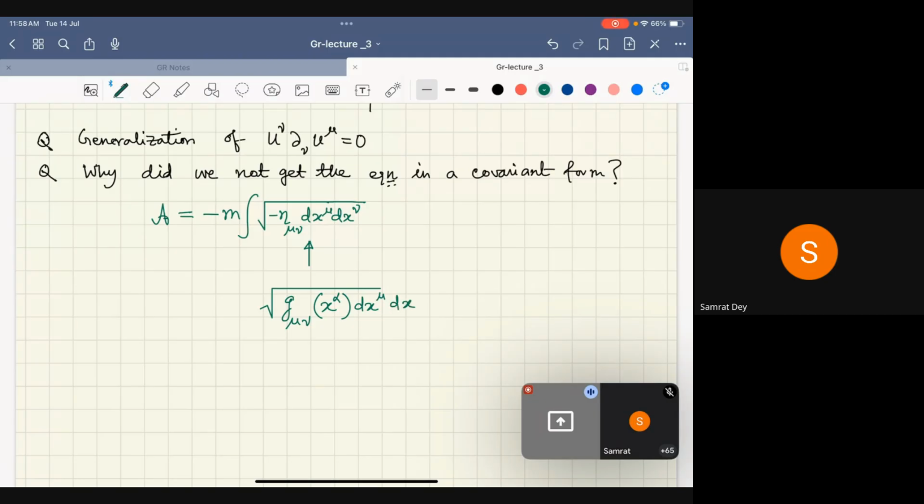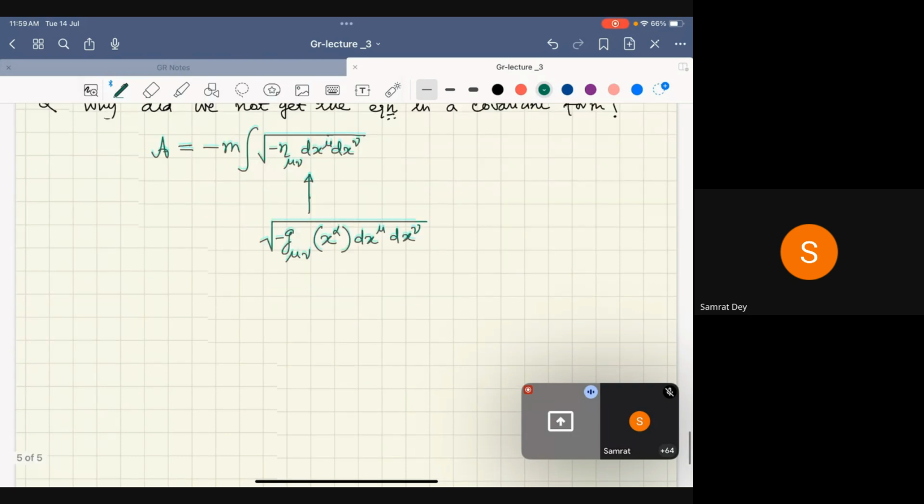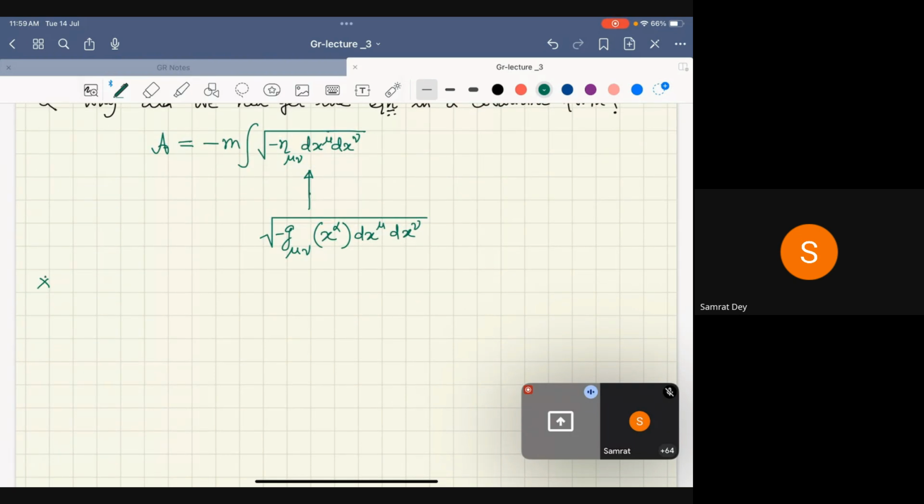So this is the correct thing to be incorporated in the action. So we need to replace this, and then we did a whole lot of variational calculus and figured out what the equation will be, the equation that we obtained by varying this action.